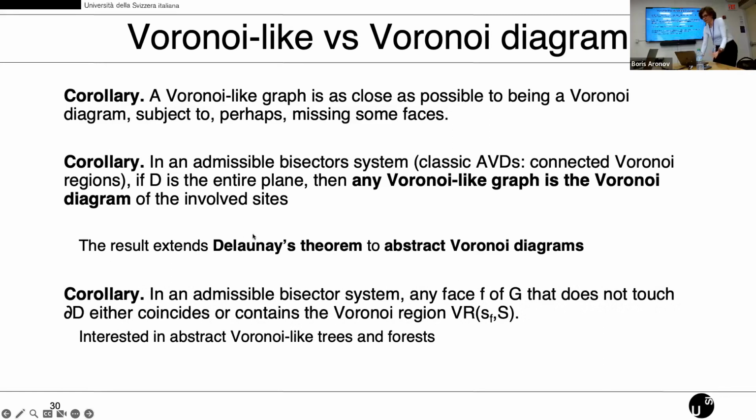In a way, this extends Delaunay's theorem to abstract Voronoi diagrams. And another corollary is that in an admissible bisector system, any face that does not touch the boundary coincides with or contains a real Voronoi region. Therefore, we are interested in Voronoi-like forests.